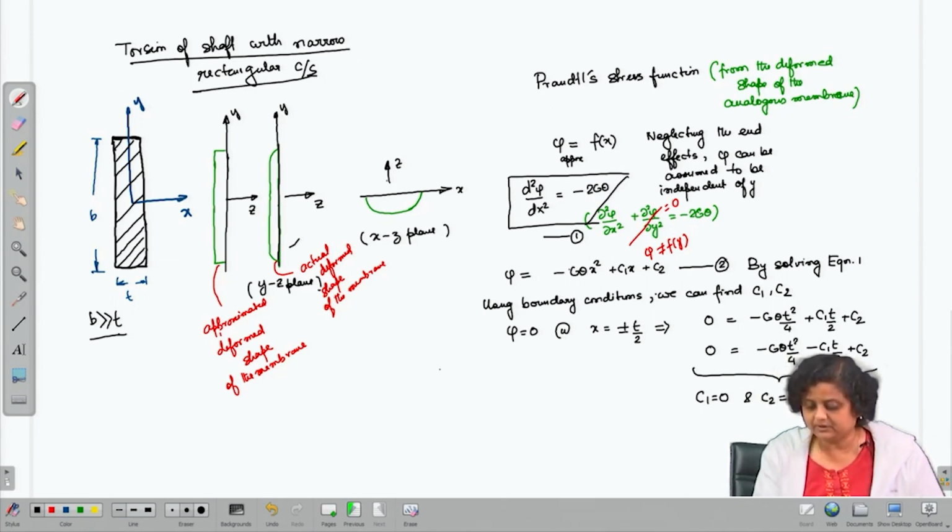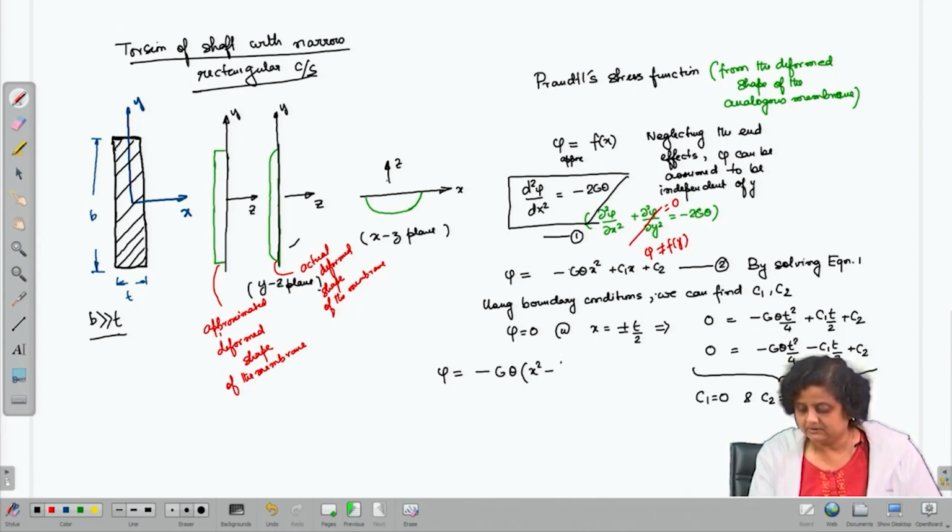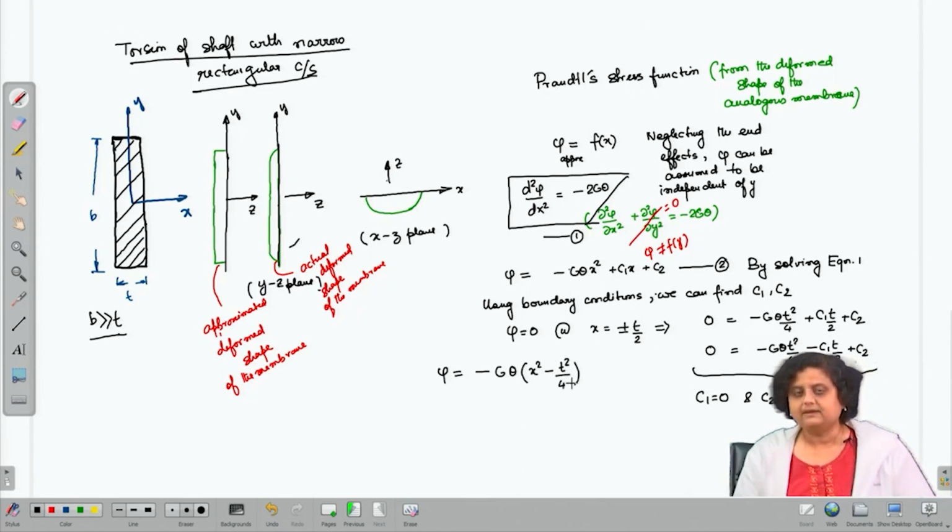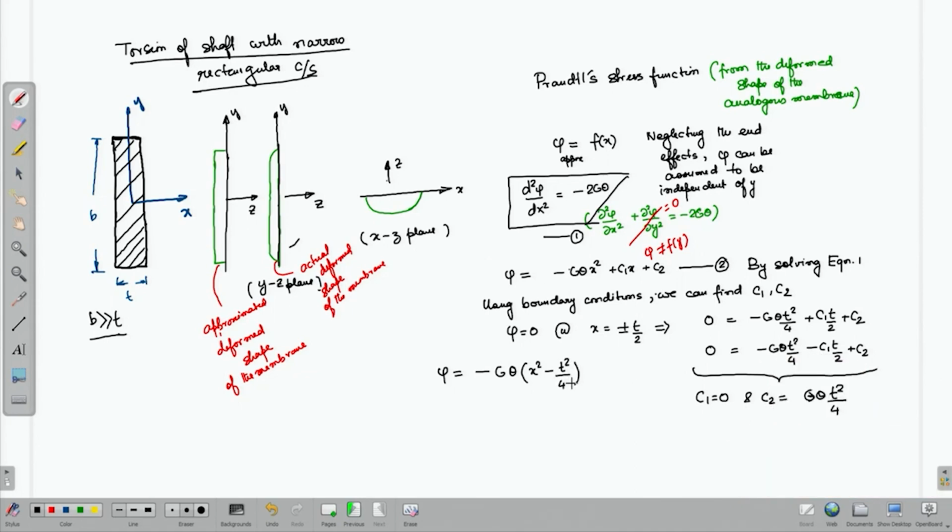If we substitute this, then phi of x turns out to be minus G theta times x square minus t square by 4. So, this is the Prandtl stress function that we have obtained from the approximated deformed shape of the membrane.